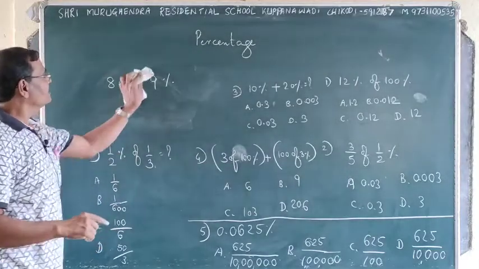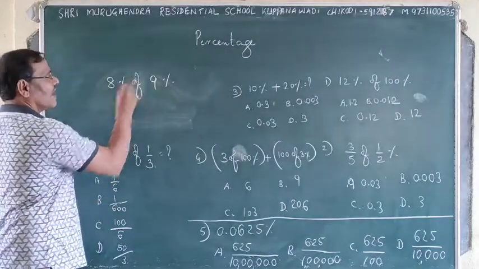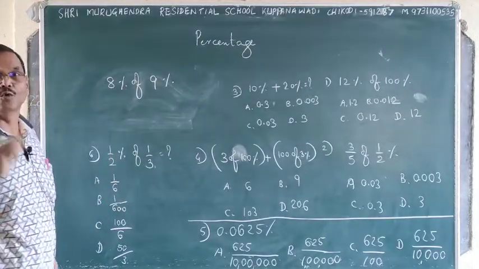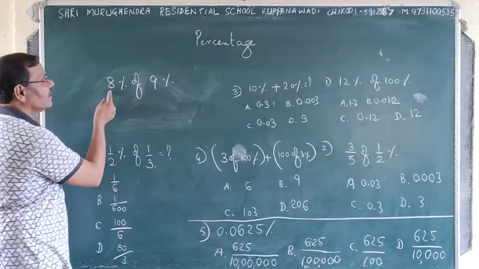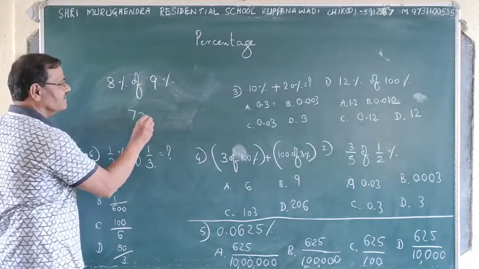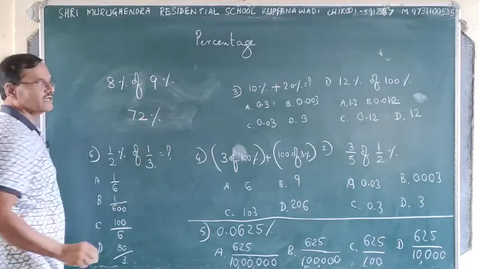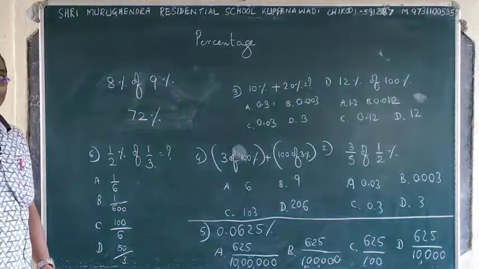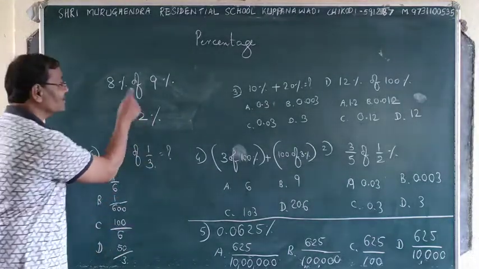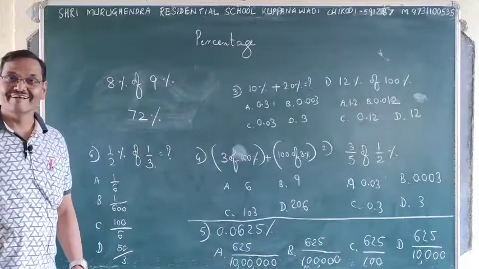Then if it is "of" or multiplication, then how do you do? Say 8 9s are 72%, it is. No, percentage square is there.